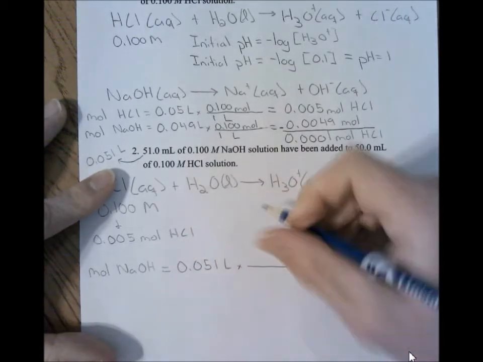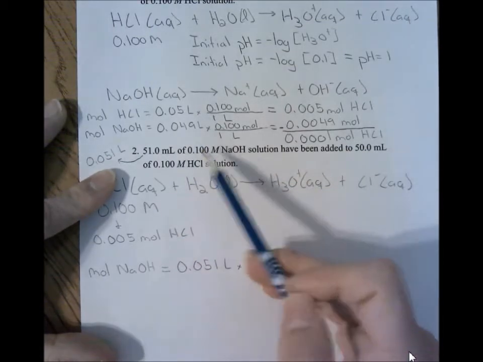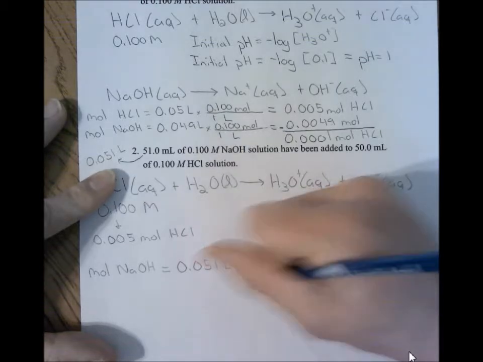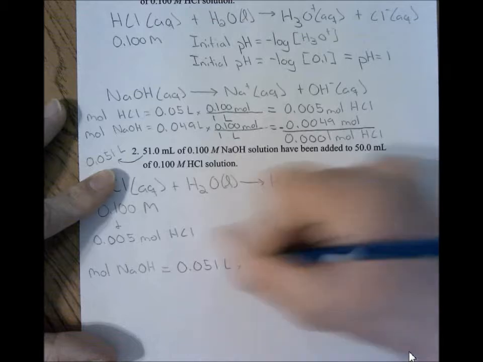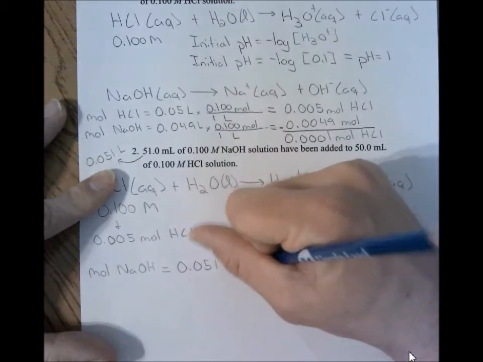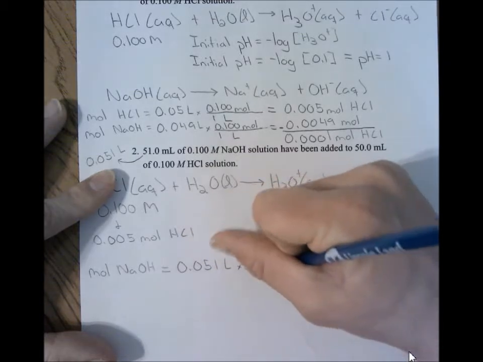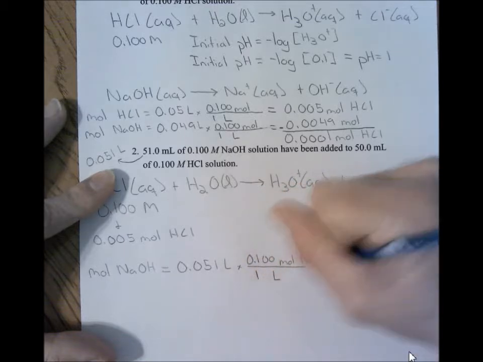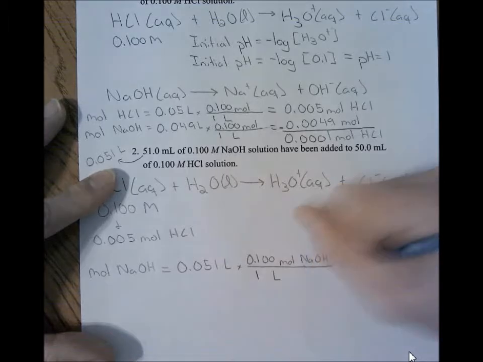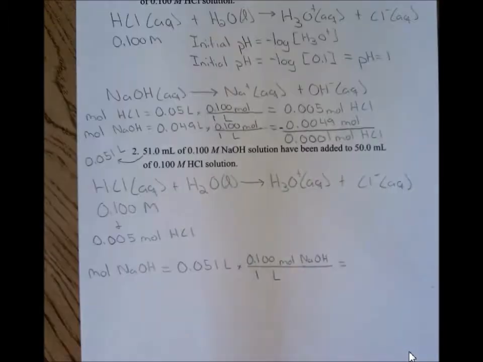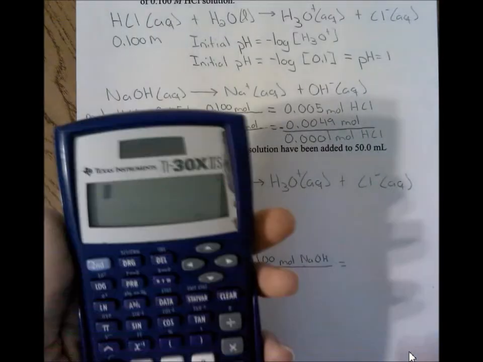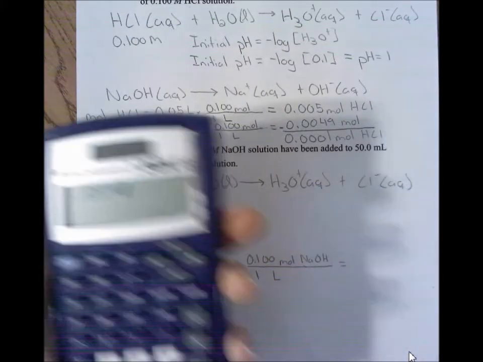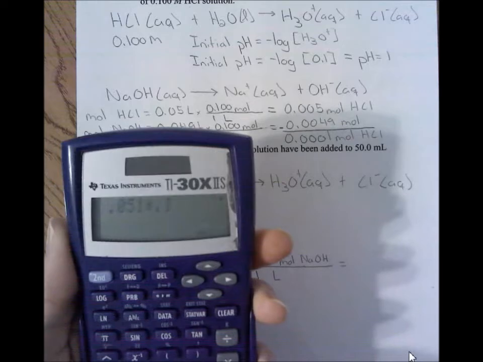So that means for every 1 liter of solution, there is 0.1 moles of NaOH. All right. Now, we perform this calculation, and we get 0.051 times 0.1, and we get a number of moles of 0.0051 moles.